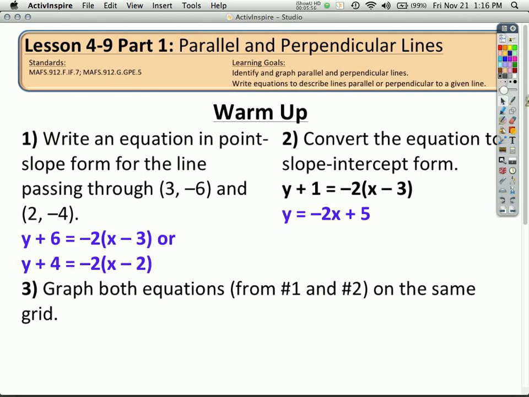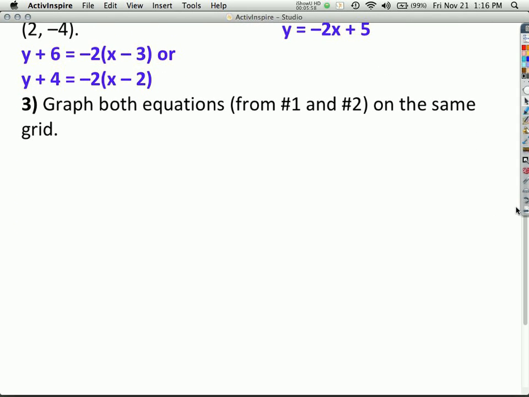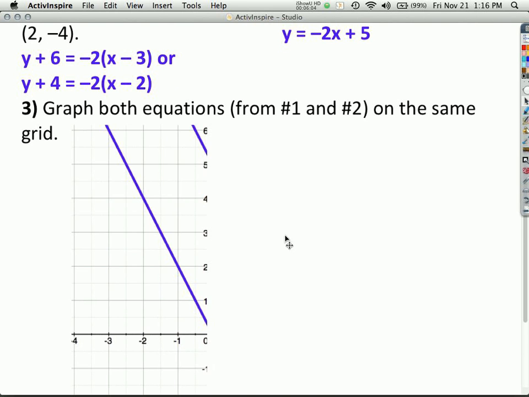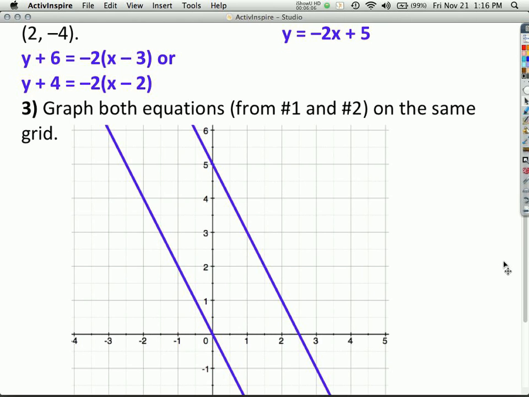And the graphs. So unfortunately, if you got either of the first ones wrong, this is going to be wrong, but you can still learn from your mistakes. This is what the graph should look like. Yes.